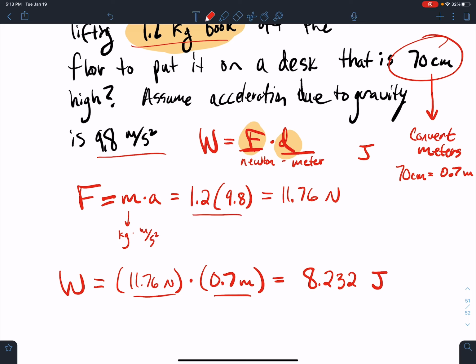For force, kilograms and meters per second squared, that's assumed in right there. So as long as you're in kilograms there, you're good to go for force, and then you push into the next level. All right, so just keep that in mind, that the units actually do matter.